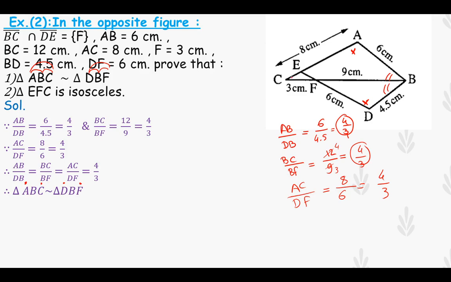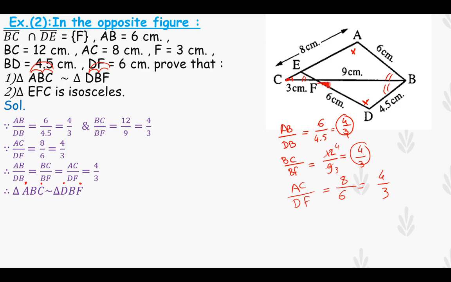So measure of angle C in the first triangle is equal to measure of angle F. Okay, but we all know that measure of angle BFD is equal to measure of angle EFC, vertically opposite angles. Okay, again here you know that measure of angle F in the first triangle is equal to measure of angle C in the second triangle.